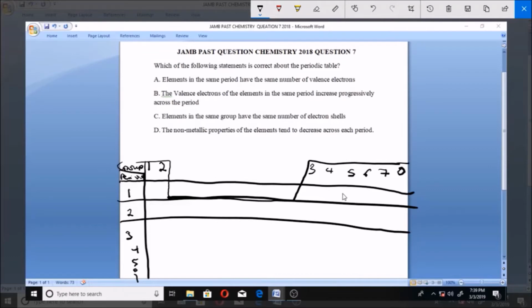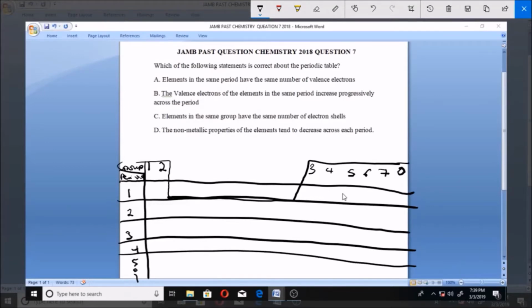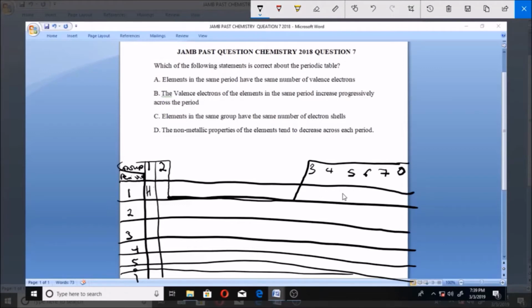Now in this periodic table you have the arrangement of elements according to their atomic numbers. So here we have hydrogen. This is a rough sketch of what the periodic table looks like.